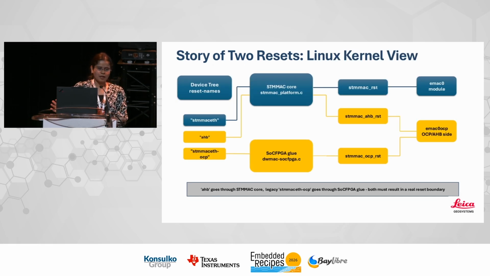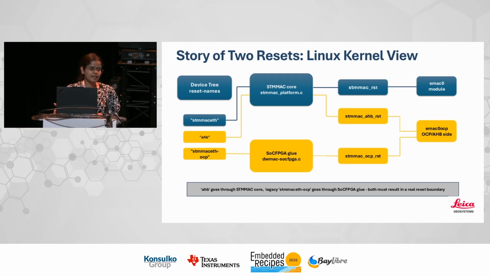Then when I try to map it to the Linux kernel, the driver and the DTS, we have stmmac eth reset, which is used by the core driver, and it takes care of the EMAC0 module itself and its stmmac reset. Then there are two other definitions as well, the AHB reset and the OCP reset. The core driver uses the AHB reset, and the OCP reset is actually needed by the glue driver.